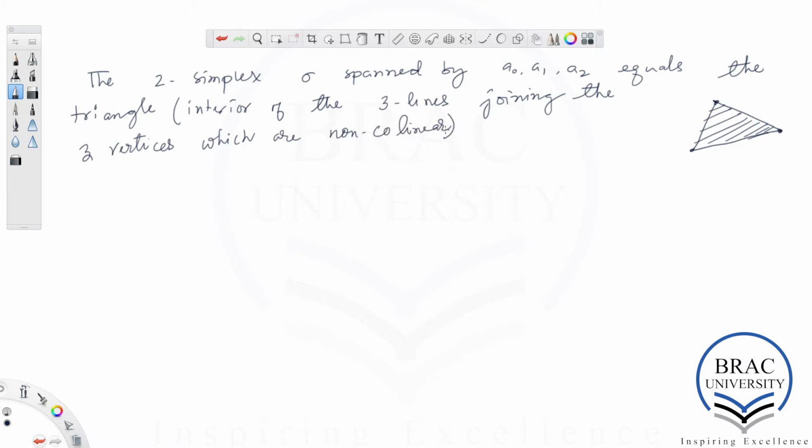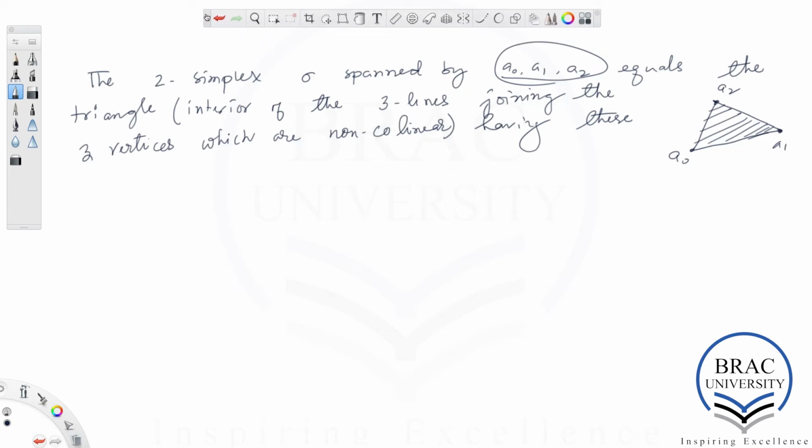So it equals the triangle having these 3 points as vertices.